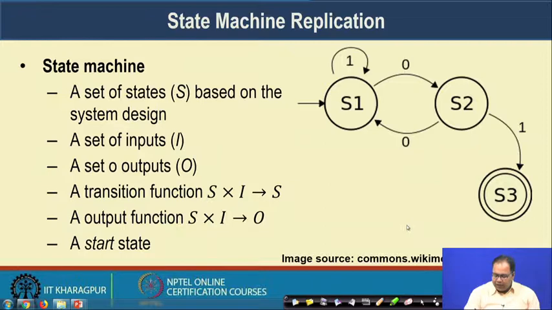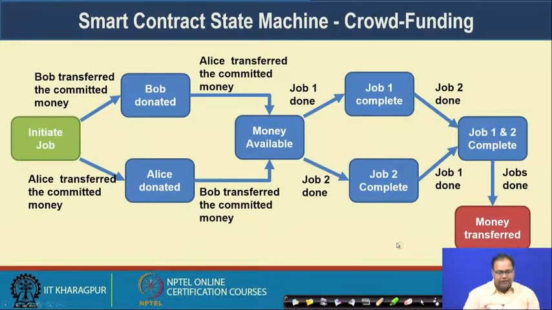Now, any algorithm can be represented using a finite state machine. So, let us look into one example where you can represent a smart contract as a state machine. Earlier we were talking about a crowdfunding platform. In a crowdfunding platform you have a set of people who have certain funds available, who agree to donate the fund if certain jobs are done.